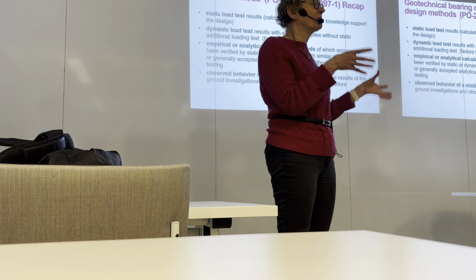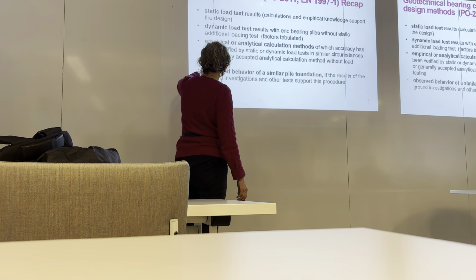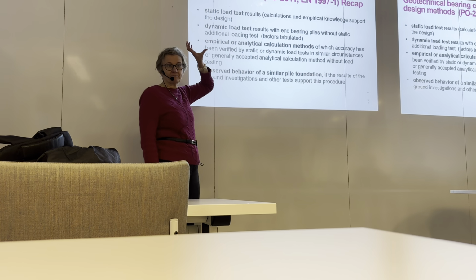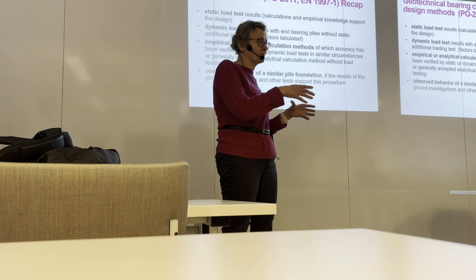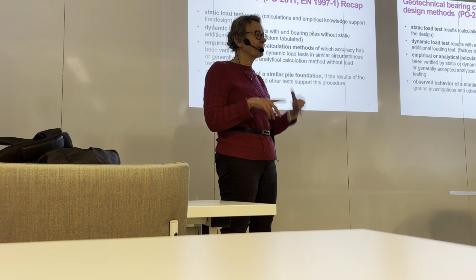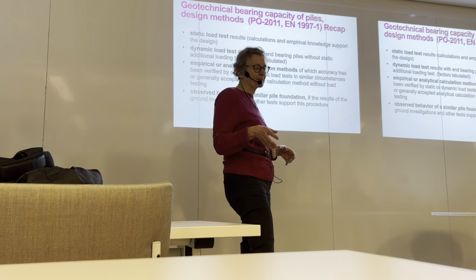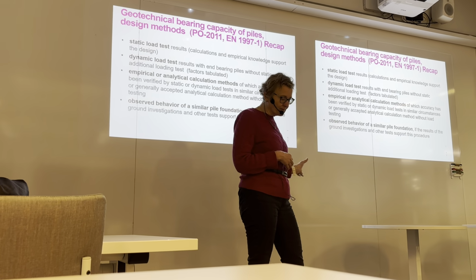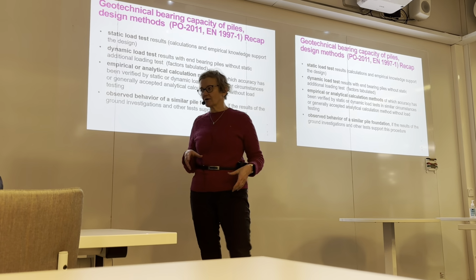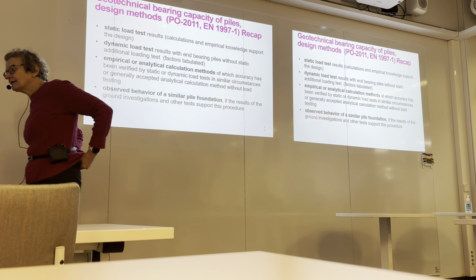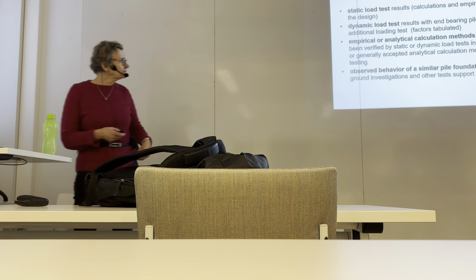So we need to do some kind of preliminary design, which is done using this empirical method. I think last time you were told how you can do this, so that you define practically either the bearing capacity of the pile using this end bearing definition, or if you have frictional piles, then you can define the tip and shaft resistance of the pile.